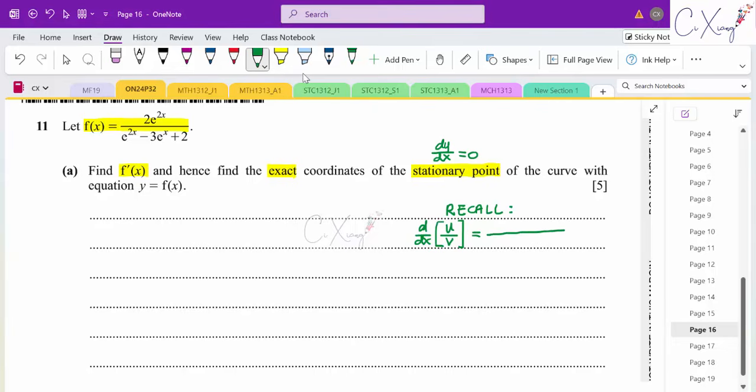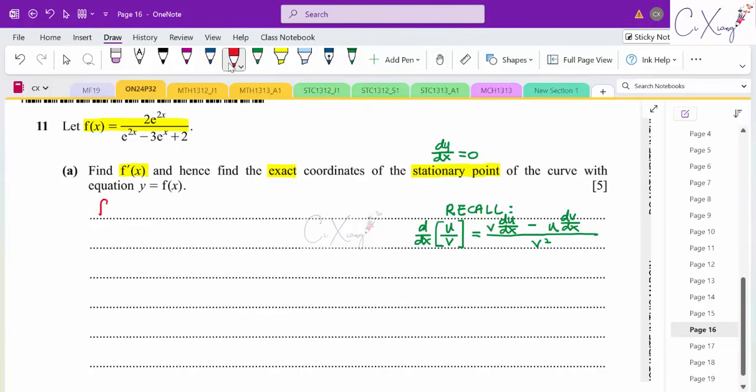The general formula for the quotient rule is: you square the denominator, v squared, copy the bottom, differentiate the top, which is du over dx, then minus, you copy the top, differentiate the bottom, which is dv over dx. This formula is provided in the formula booklet, so in case you can't remember, you can always refer back to it.